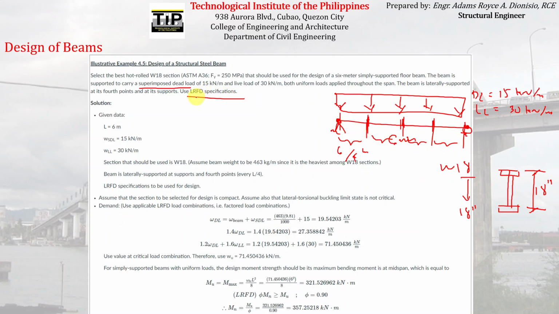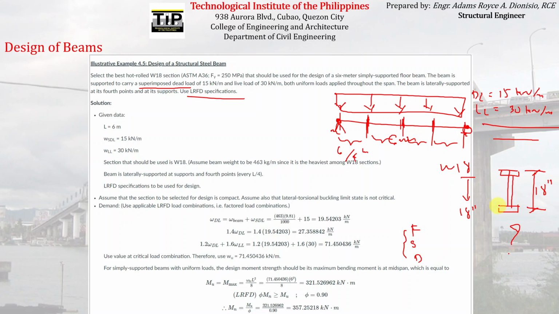So we have to find a steel section, which is a W18 steel section that can withstand the given demand with respect to the different checking that we have to do with respect to flexure, with respect to shear, and with respect to deflection.